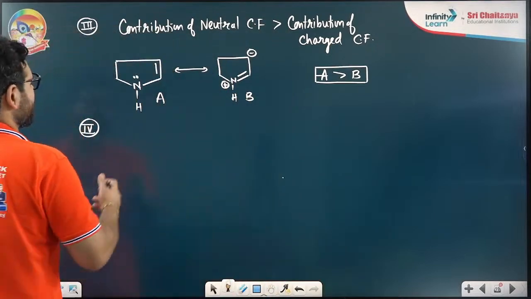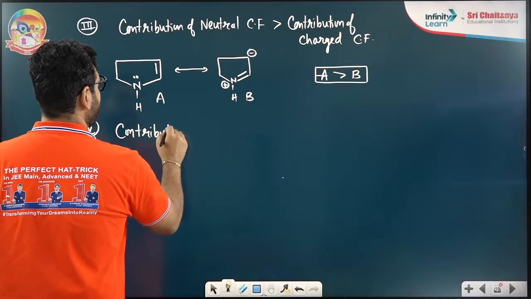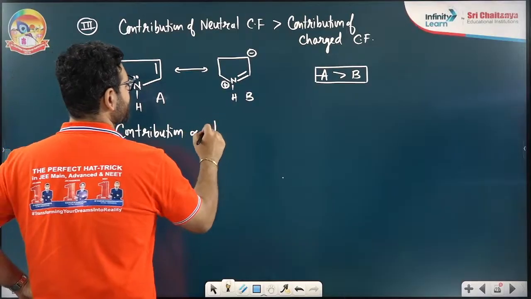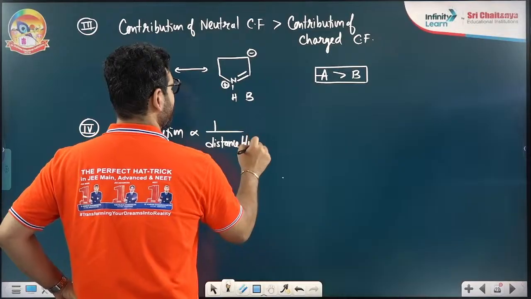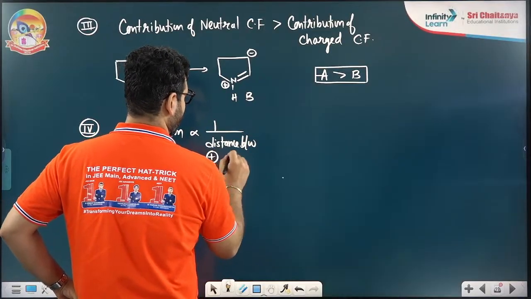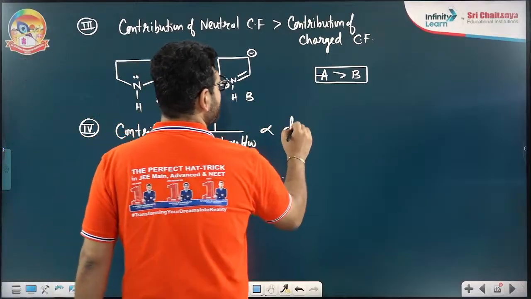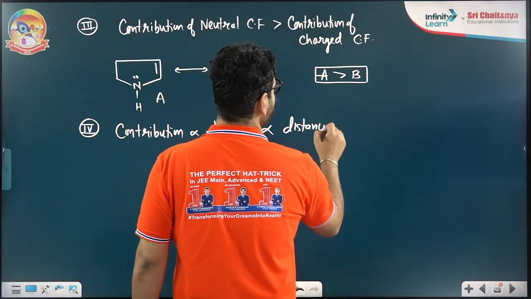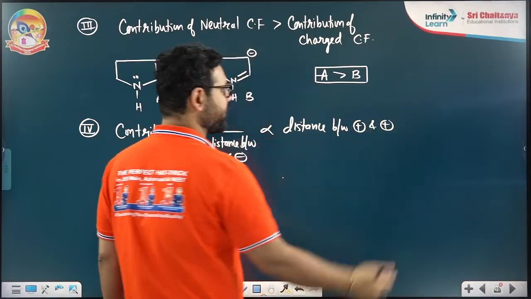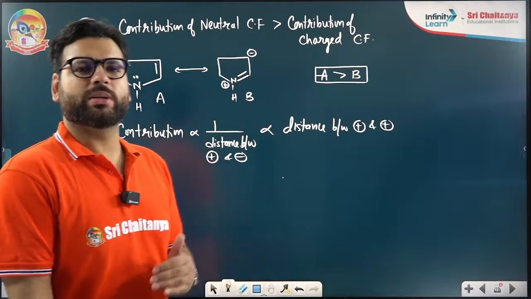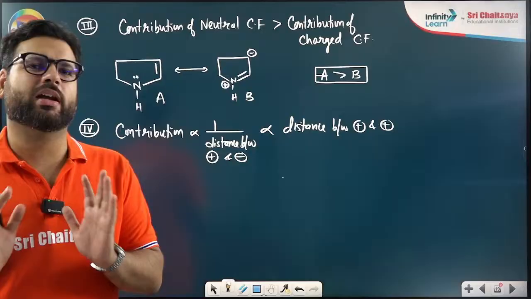So next thing is contribution is inversely proportional to distance between opposite charges, distance between plus and minus, and directly proportional to distance between plus and plus or minus and minus. So similar charges away are better, opposite charges near are better.